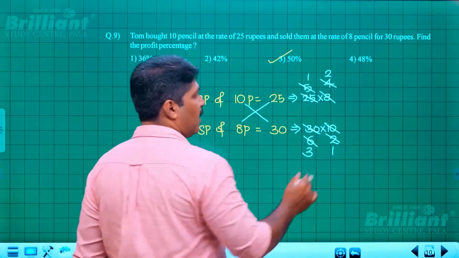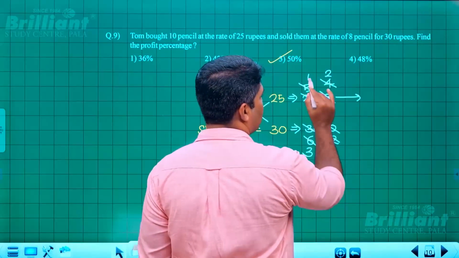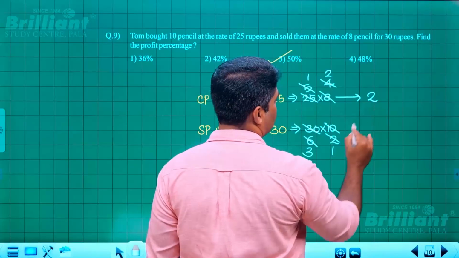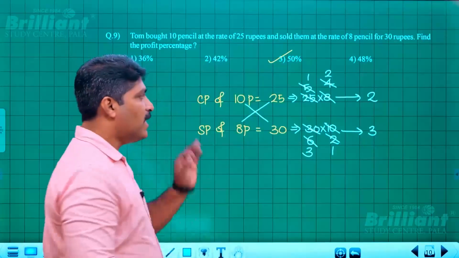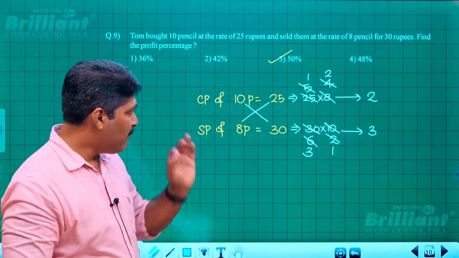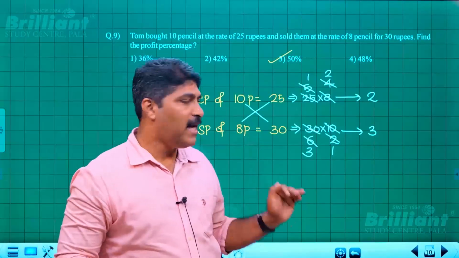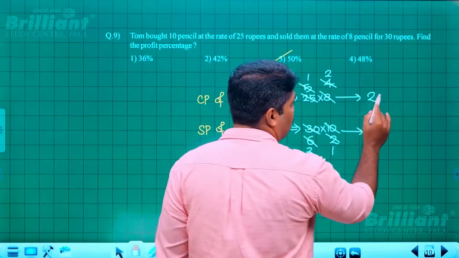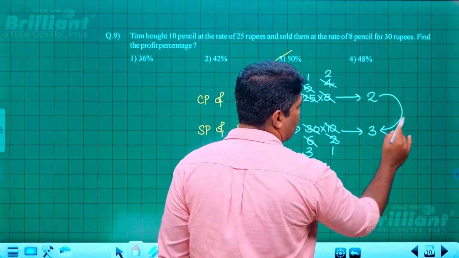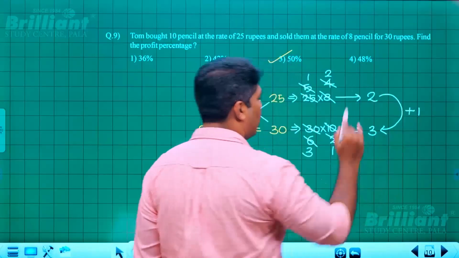Then after that, we can consider the remaining values. This is 1 into 2, that is 2. This is 3 into 1, that is 3. So these are the values representing the cost price and selling price. Therefore, if 2 is the cost price and 3 is the selling price, there is a profit of 1.